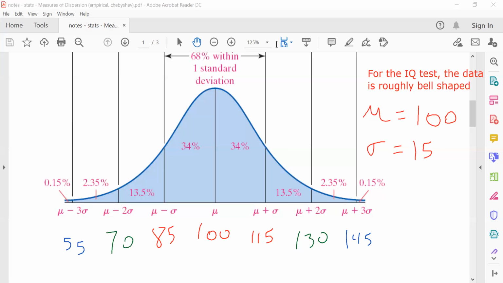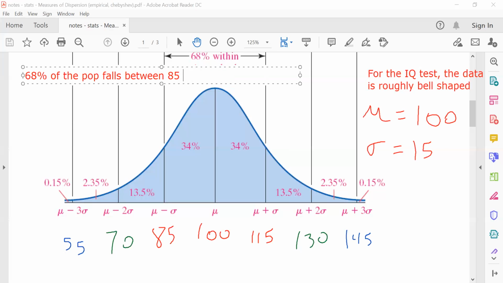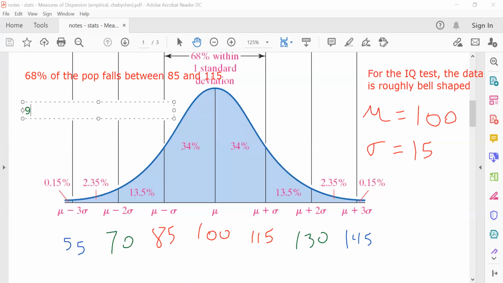So let's write that out. Let's write that explicitly. 68% of the population falls between 1 standard deviation from the mean, so 85 and 115. So a good chunk, but not quite all of the population falls in that range. 95% of the population falls between 70 and 130.